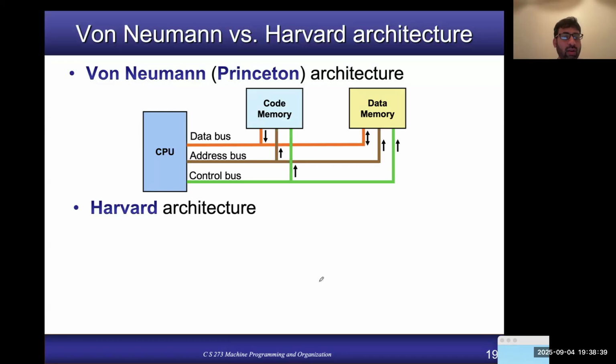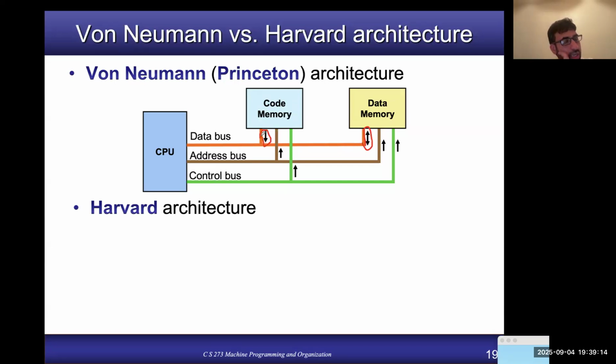The basic feature of this architecture is that we have a single data bus, address bus, and control bus, which connects the CPU with both code memory and data memory. Remember that from code memory, the CPU can only read data, so code memory is read only, while the CPU can both read and write data to data memory. That's why you have a bidirectional bus here. But in the case of code memory, you have a unidirectional bus, right?